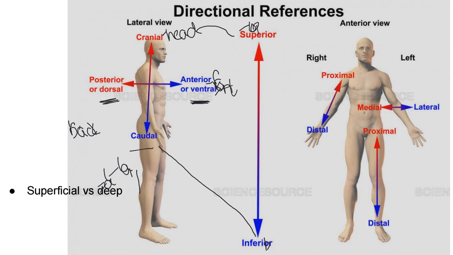We have medial and lateral. Medial means towards the midline. Okay, so you can kind of think of it, if you want, as towards the belly button. So towards the midline, where lateral means out towards the edge. Okay, so if something is medial, it's closer towards the midline. The midline would be going, oh, that's not the midline.